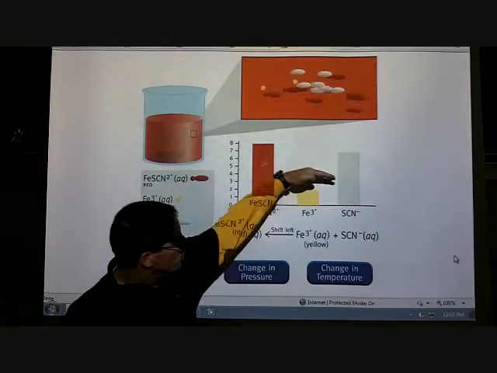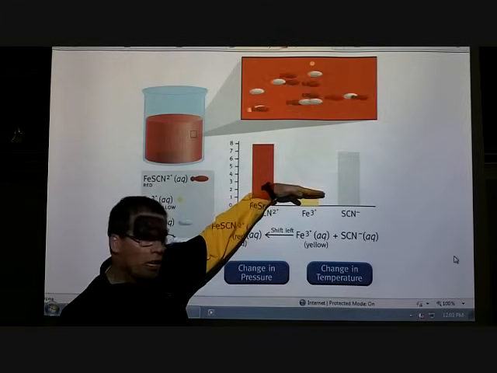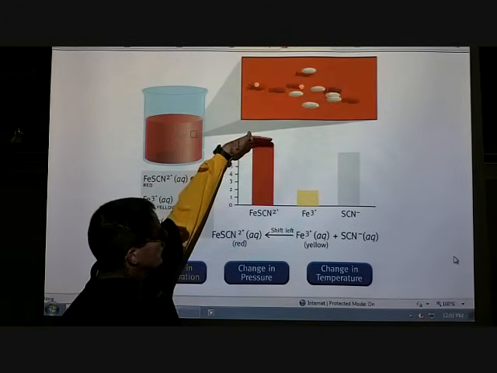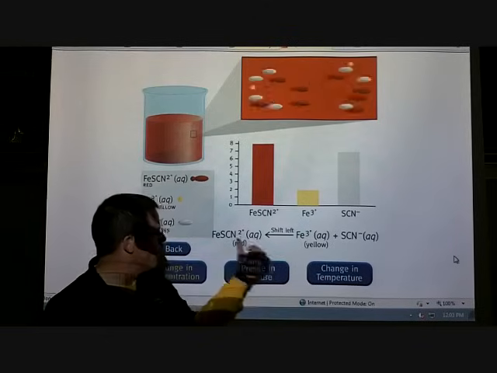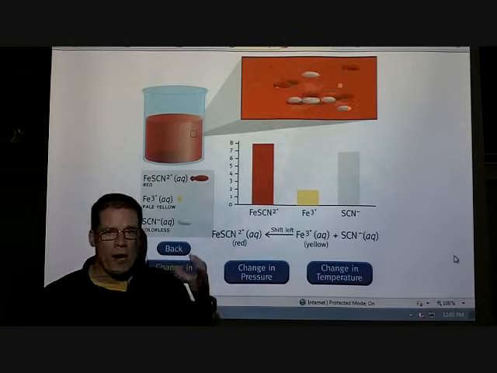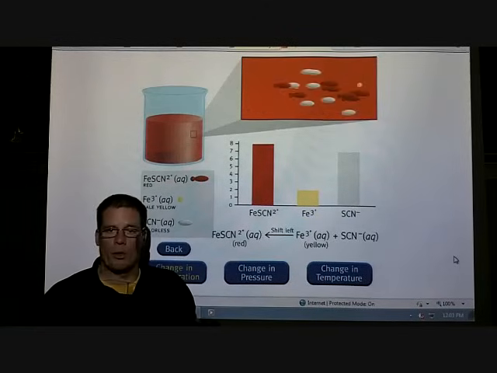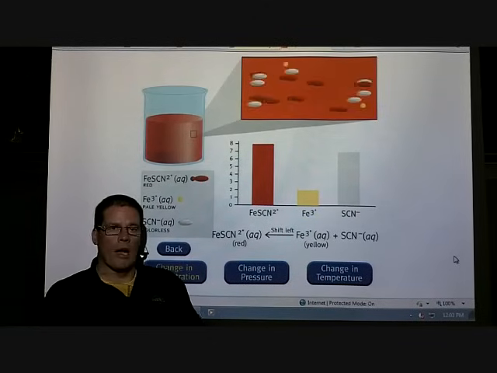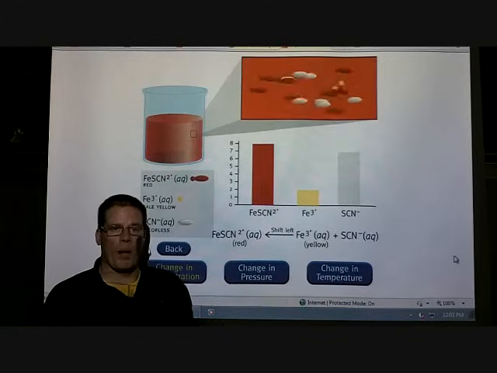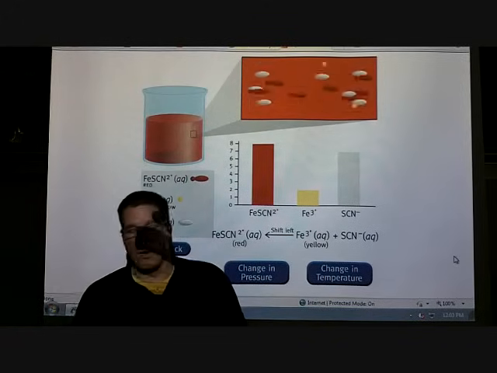So the concentration for the iron ions decreased, as well as the increase on the other side of the reaction. So whenever we add something to the system that's at equilibrium, it's going to shift away from the addition, and if I remove something, which the next example will do, it'll shift toward the removal.